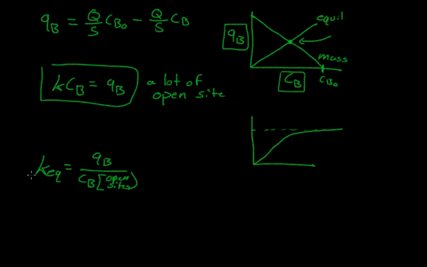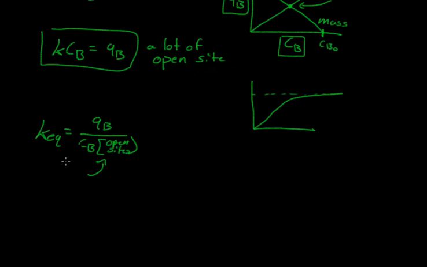And we actually can give an equation for this, saying that the open sites are equal to the total open sites minus QB.